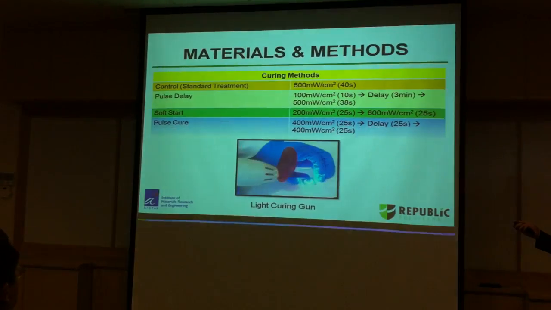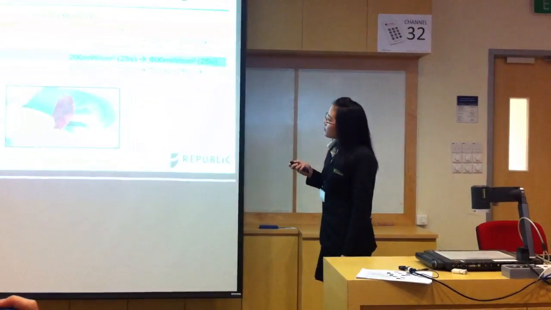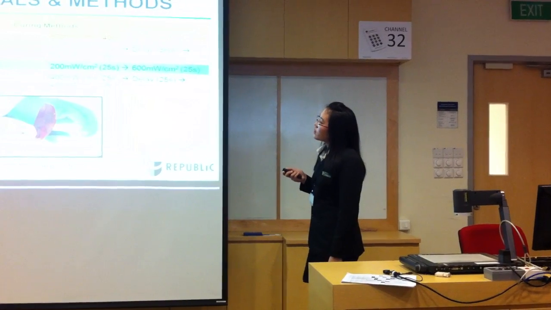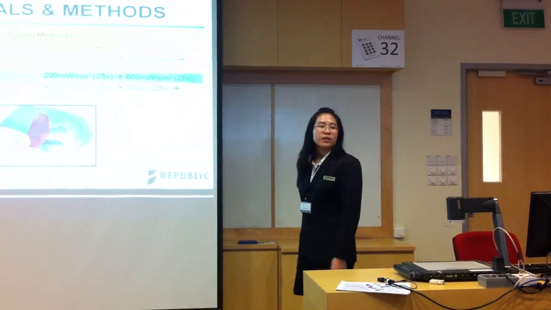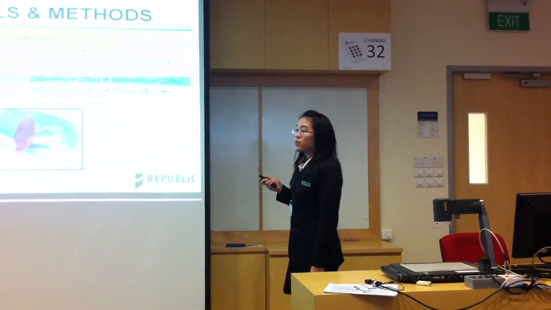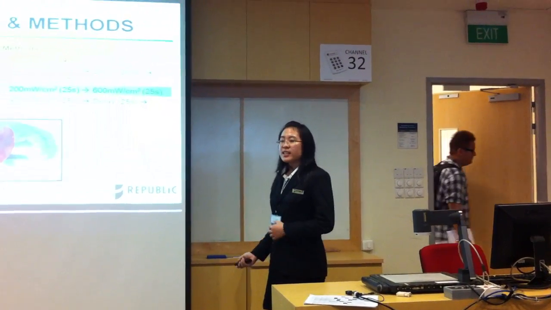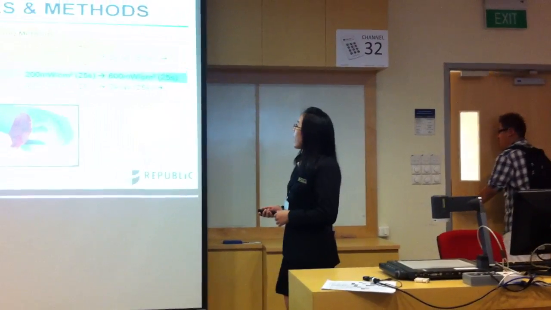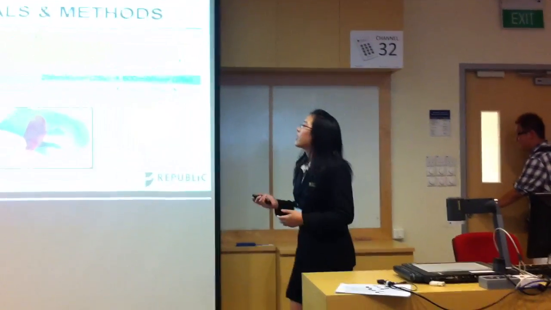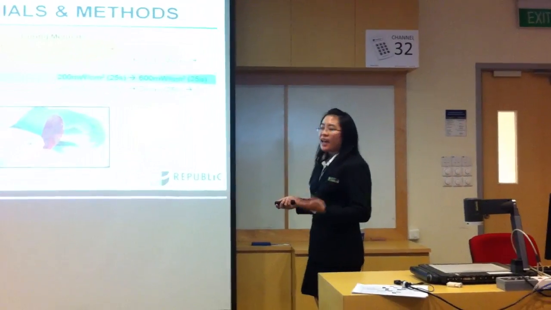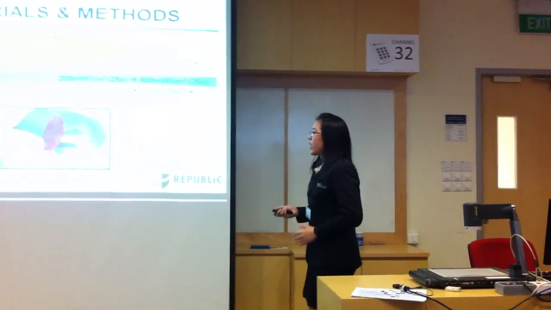For the materials and methods that we have used, we have 4 different types of curing modes, which are control, pulse delay, soft start, and pulse cure. Each of them consists of different light intensity and curing duration. Light intensity and curing duration will affect the polymerization shrinkage, as we will see in the later results.